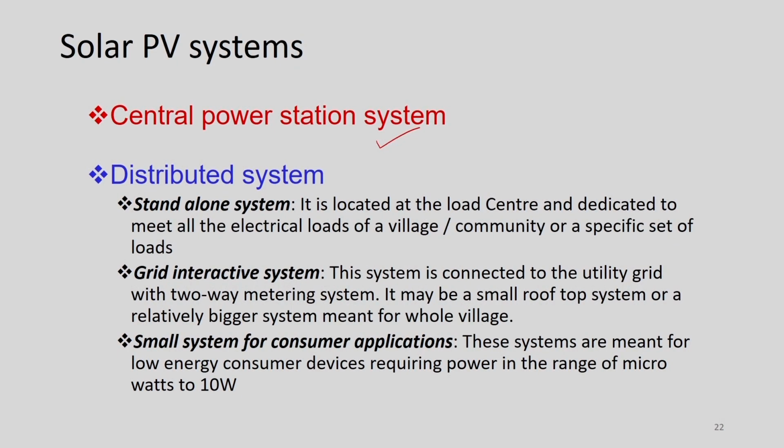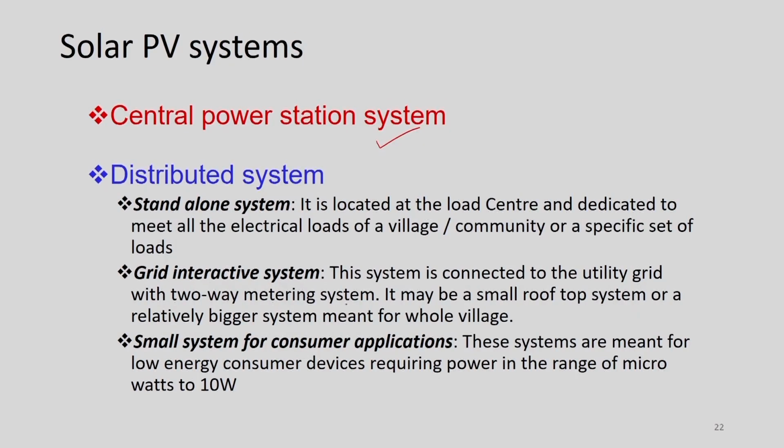And for the grid interactive system, suppose in my building I want to install some kind of solar PV, and the energy generated by the solar PV can be given to the local grid when more energy is generated, and we can take the energy at night from the grid when our energy requirement is there.